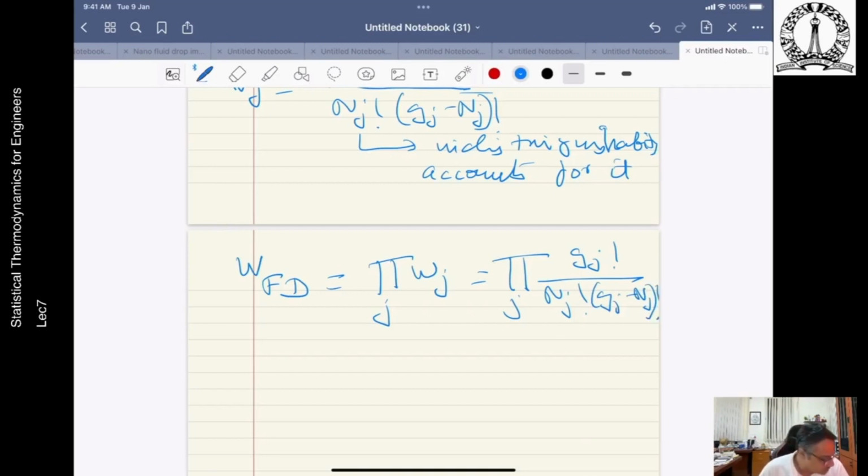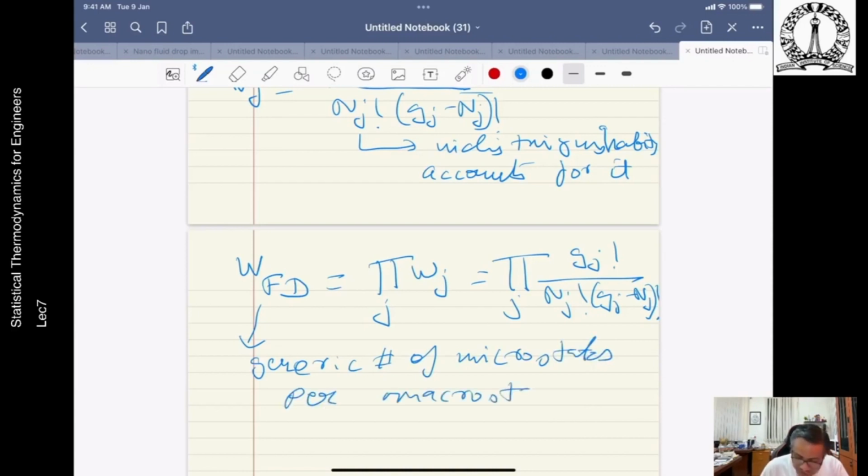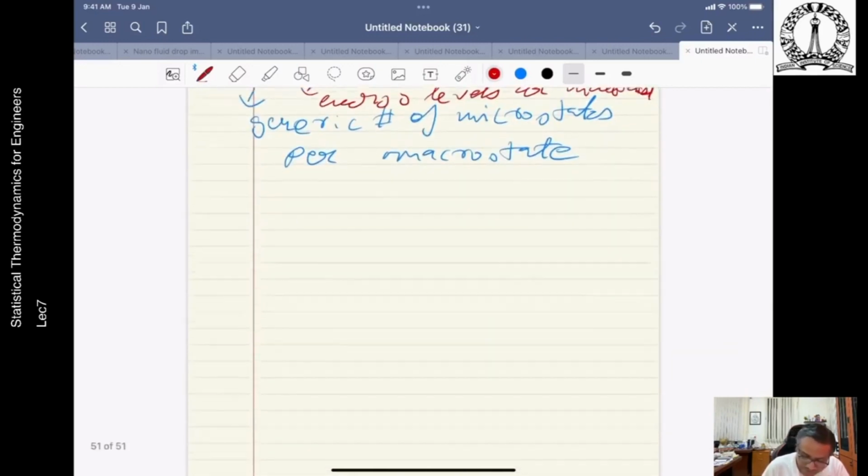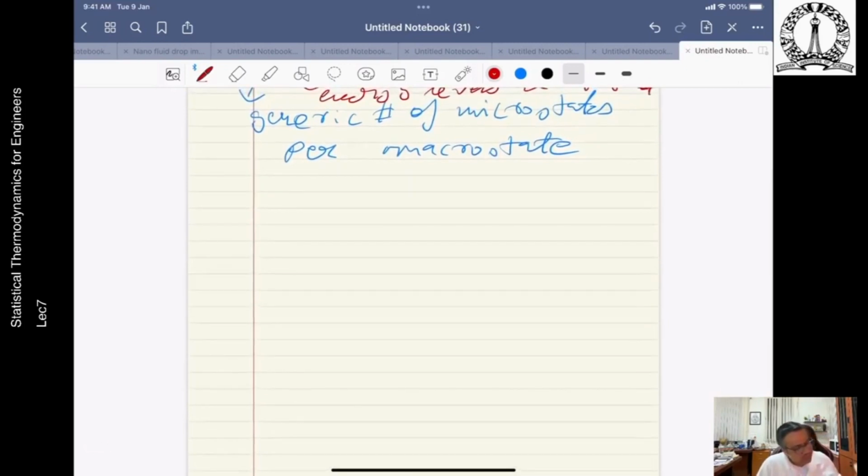Okay. So this is once again the generic number of microstates per macrostate. The same assumption is valid, because this essentially translates to the energy levels being independent.